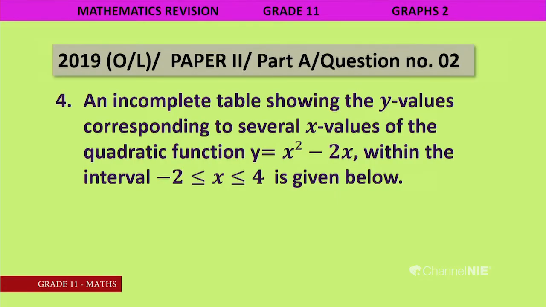2019 O-Level Paper 2 Part 1 Question number 2. An incomplete table showing the y values corresponding to several x values of the quadratic function y equals x squared minus 2x within the interval x greater than or equal to minus 2 and x less than or equal to 4 is given below.